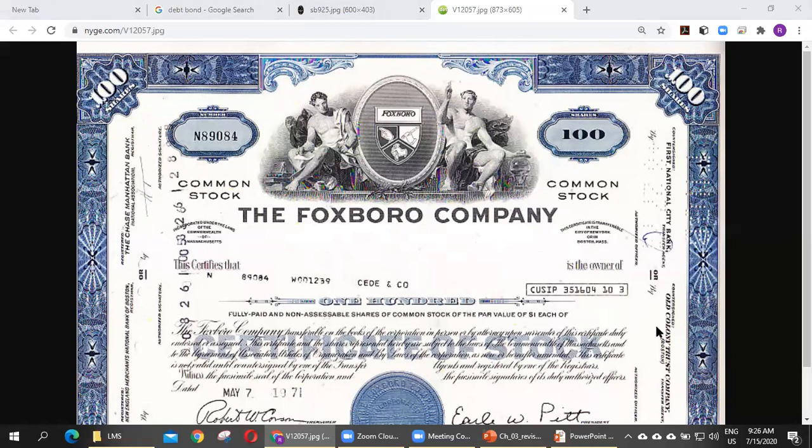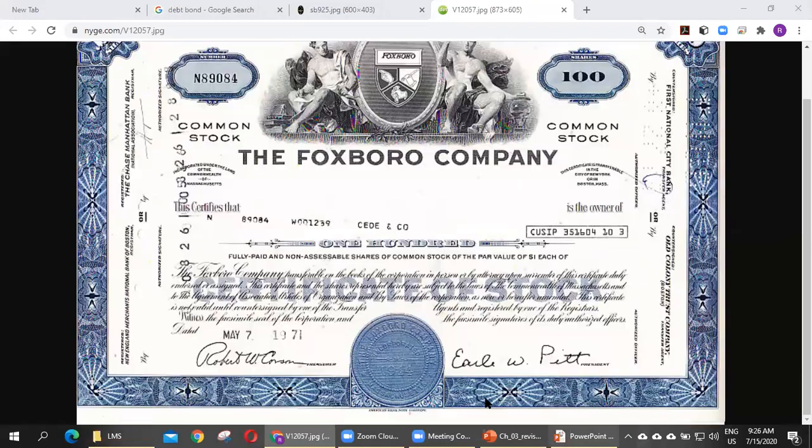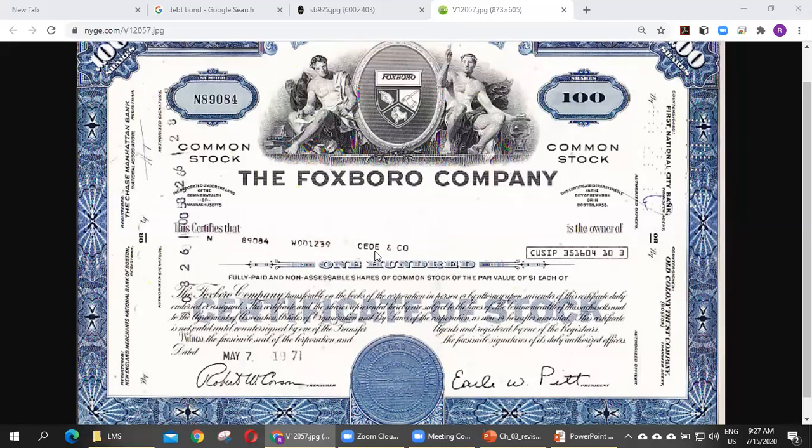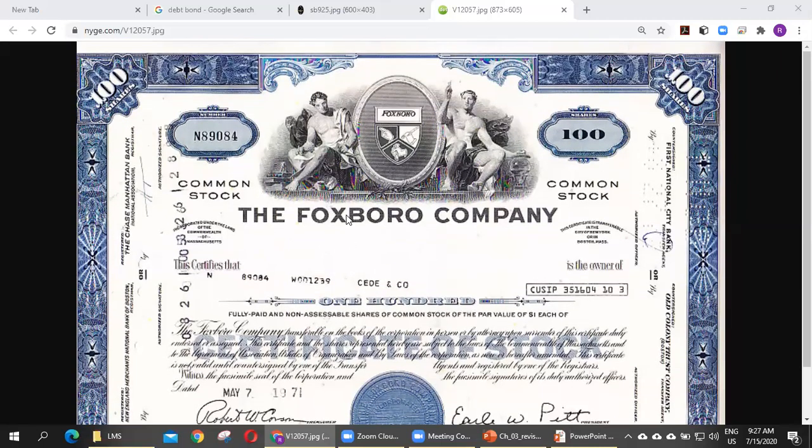But no, this is not a bond, right? This is a common stock, an ordinary share. If anybody didn't see an ordinary share, this is the example of an ordinary share, common stock.